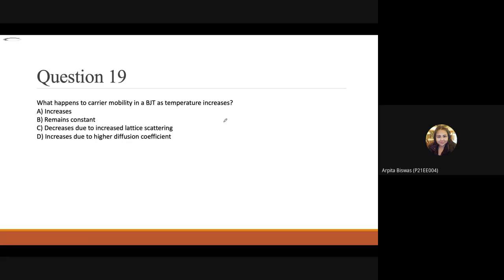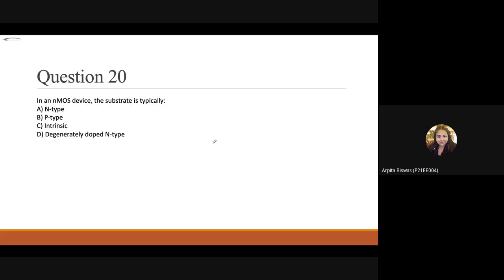What happens to the carrier mobility if temperature increases? Ma'am, decreases due to increased lattice scattering. Yes, good. Option C is the right option. So next, question number 20.